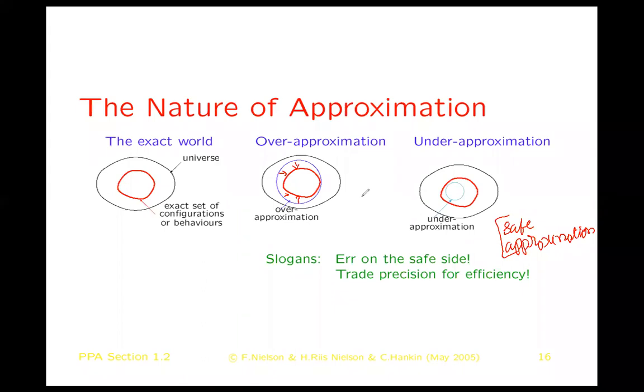So you really have to see whether the cost that we are putting in the compile time by using optimization algorithms whose time complexity is higher is really worth it. That is where trading precision for efficiency comes into the picture.